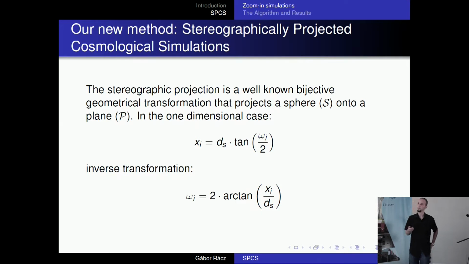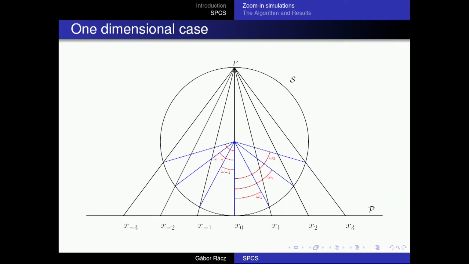So we have a new method for these zoom-in simulations, and for this we use stereographic projection. The stereographic projection is a well-known bijective geometrical transformation between a sphere and a plane. So in one dimension it basically looks like this. We have a coordinate sphere, for example, with this omega, and we project this onto this straight line in one dimension, basically.